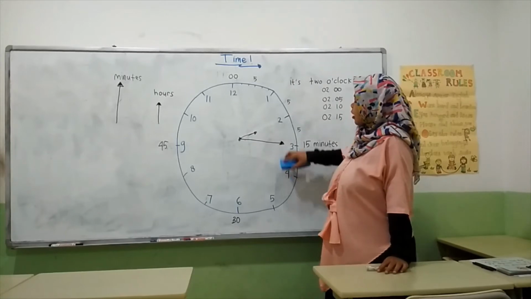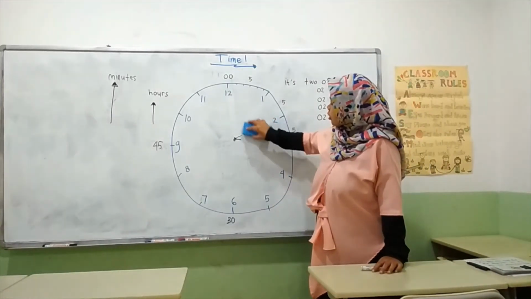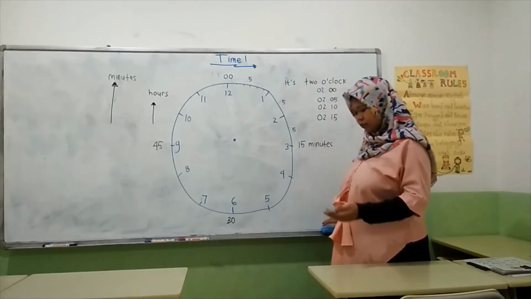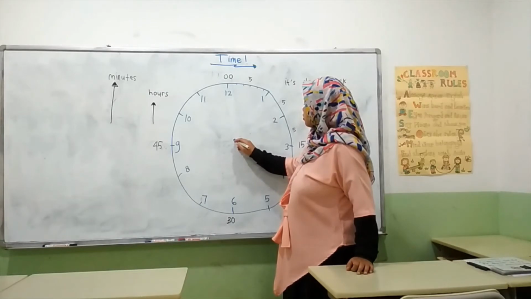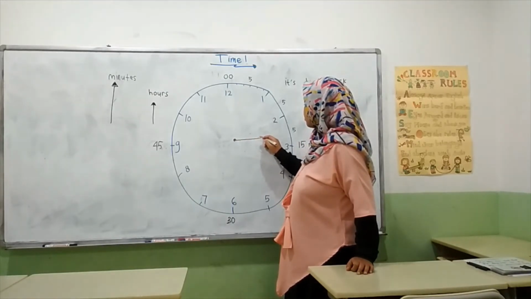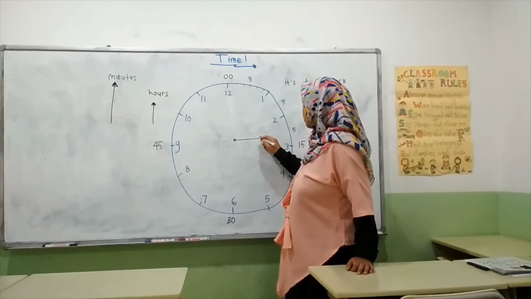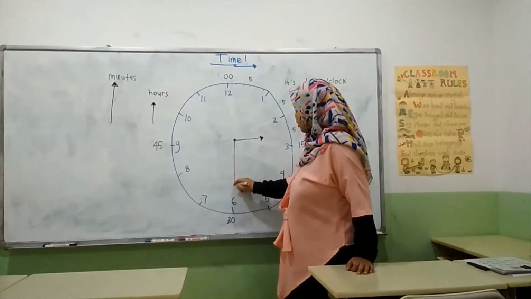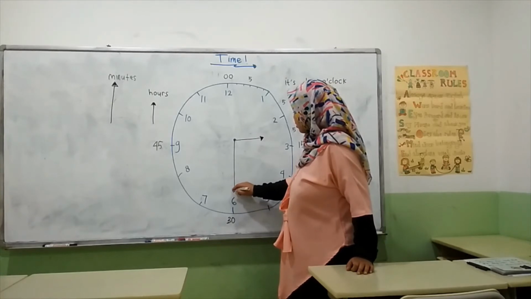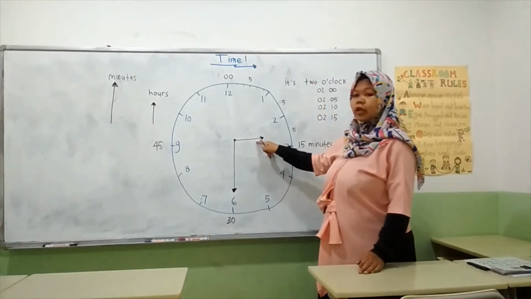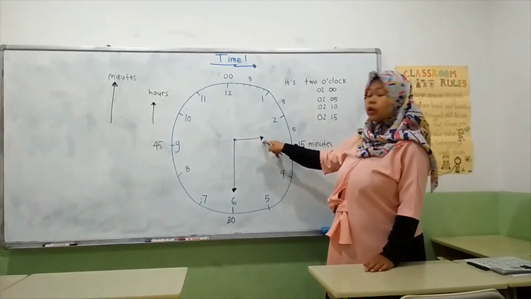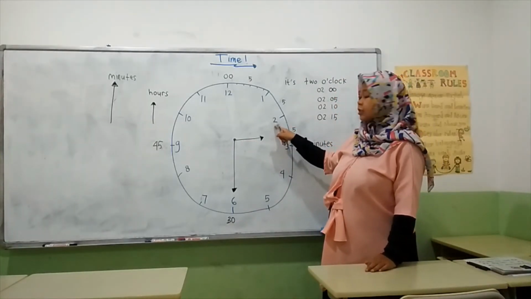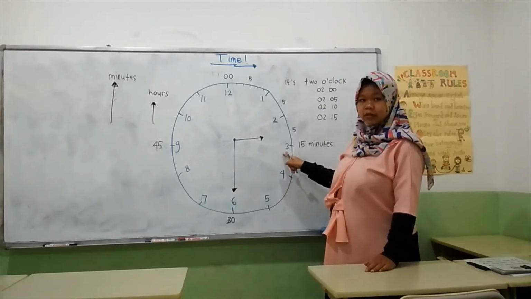Okay, now what if I make the clock like this? Look at the short arrow and look at the long arrow. The short arrow is not on 2, it's not on 3, right?